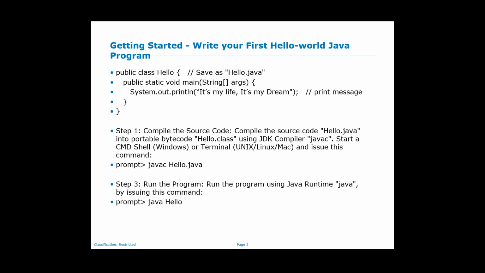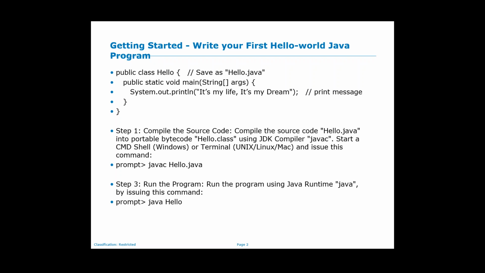Whenever you have a .class file, you can run that .class file on any JVM. JVM stands for Java Virtual Machine. JVMs are specific to each operating system. Windows has a different type of Java Virtual Machine, and Linux has a different type of Java Virtual Machine. What I want to say is, the JVM is operating system dependent, but the Java program is not operating system dependent, because once we compile the .java file it is converted into a .class file. You can run that .class file on any operating system by making use of the JVM.